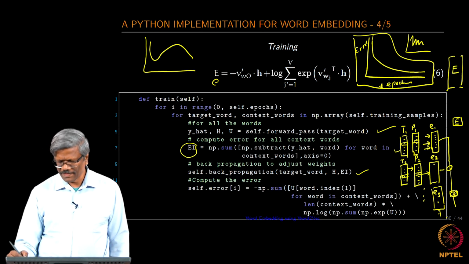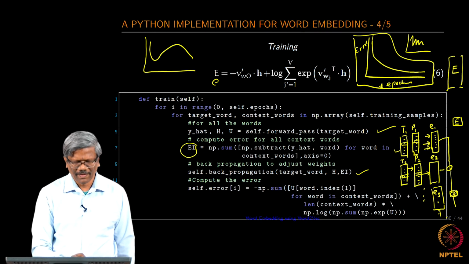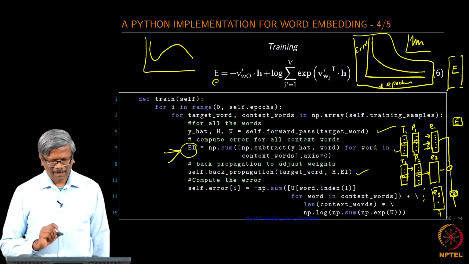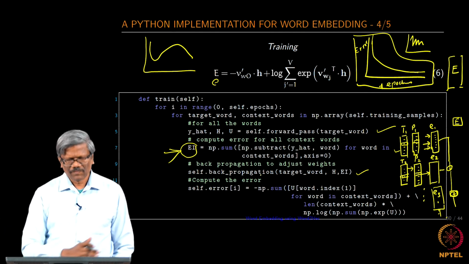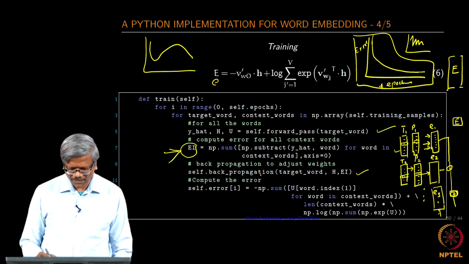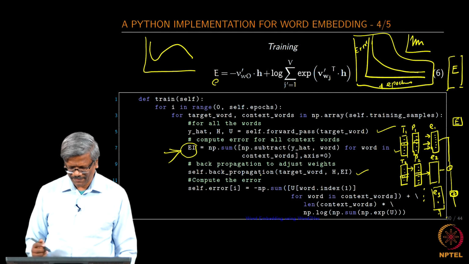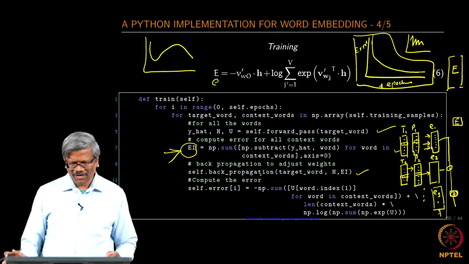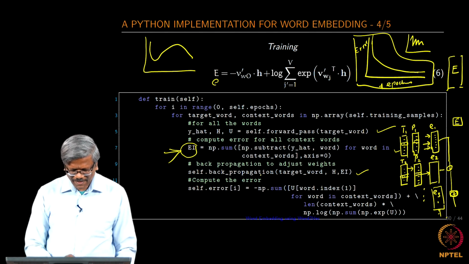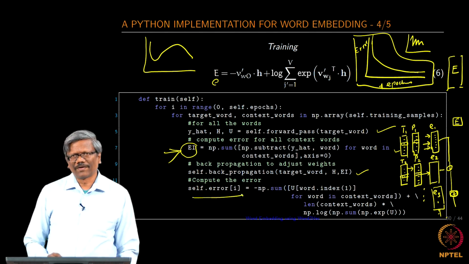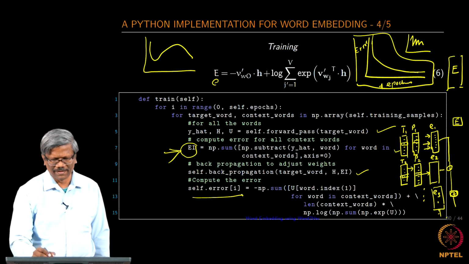All differences are summed at the end, and this is what is happening in this step. Once it is done, use the back propagation to update all the weights. You remember in the back propagation we are updating both the embedding weights as well as the context weights, I am sorry, in the order of context weights and embedding weights, and then compute the error for that particular epoch, using this formula.